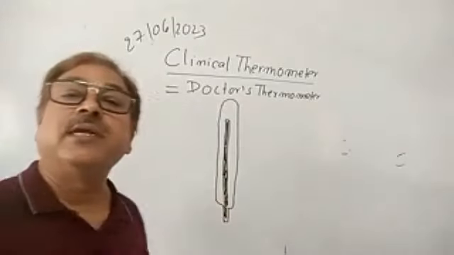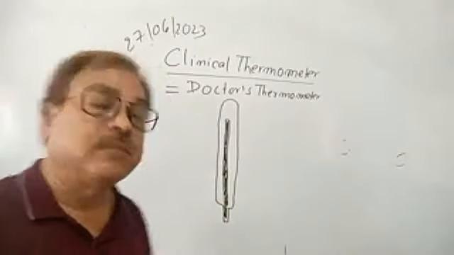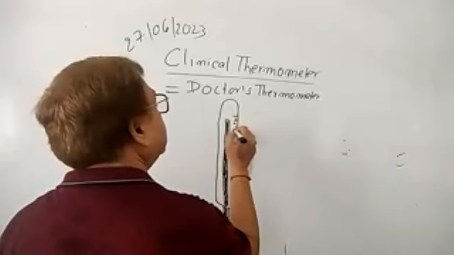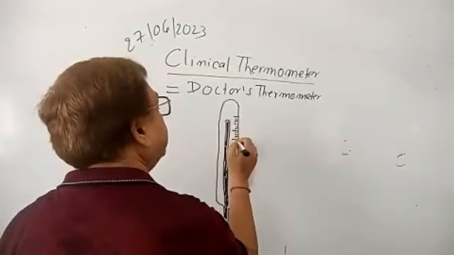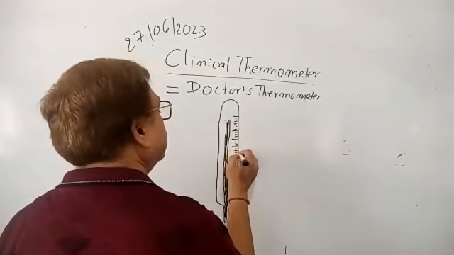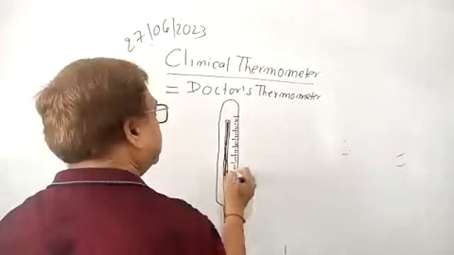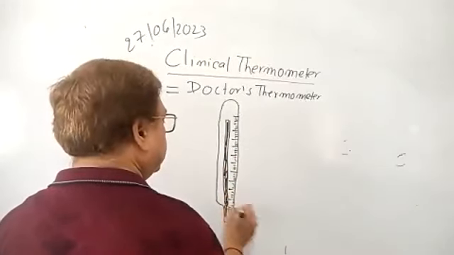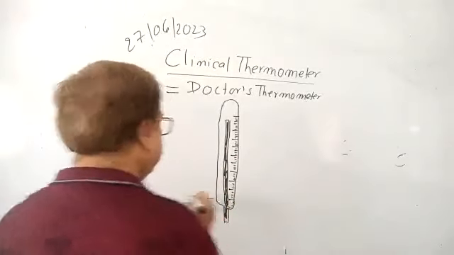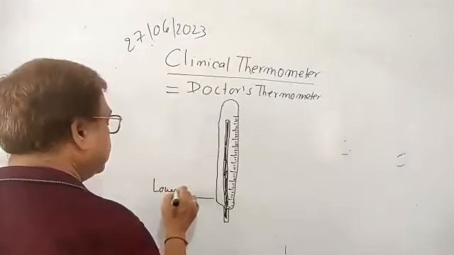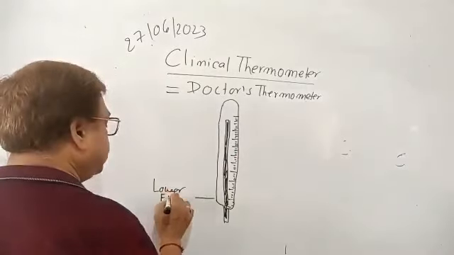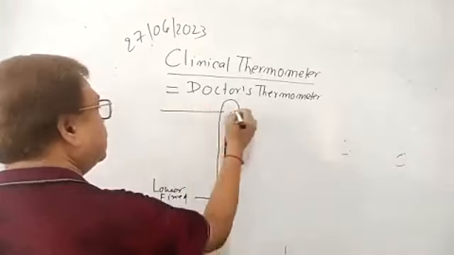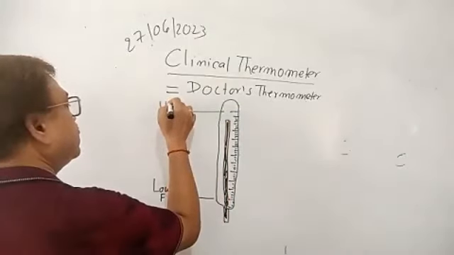There is calibration; a scale is provided. Lower limit and upper limit are given in the thermometer. The lower fixed point is also given, and the upper fixed point.